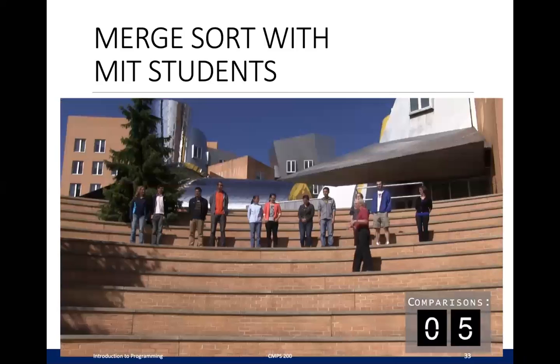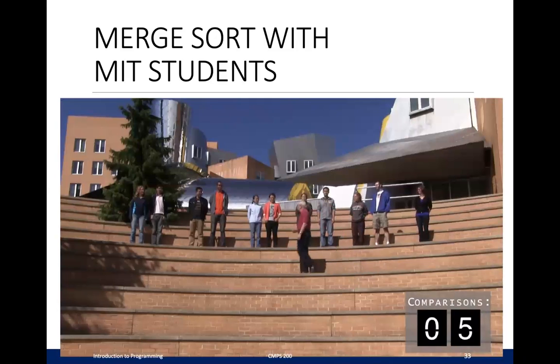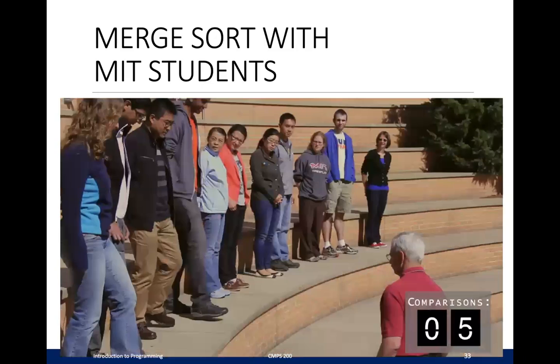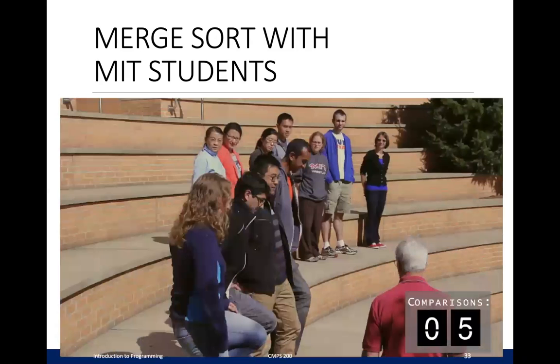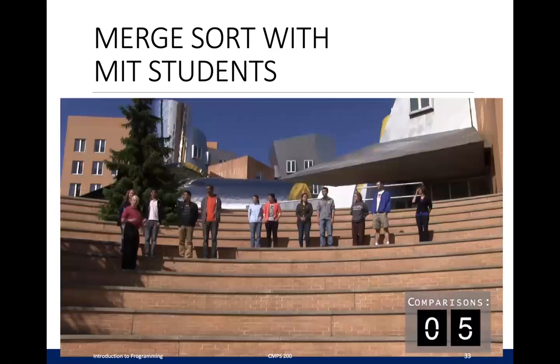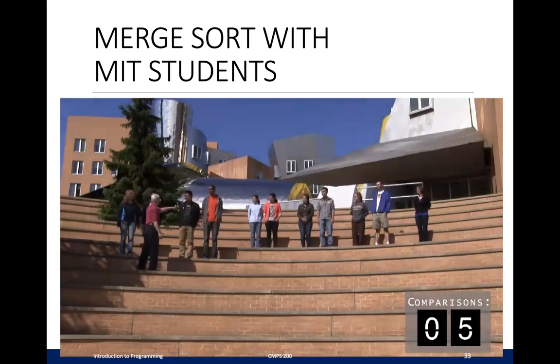Now what we do is we take these groups and merge the groups. So let's have these two, going to sort these groups, have them step forward. And now what we're doing is we're doing a merge of the two sorted groups. So we start by merging them. We'll take the leftmost person in this group and compare her to the first person in this group and decide she's still the shortest.